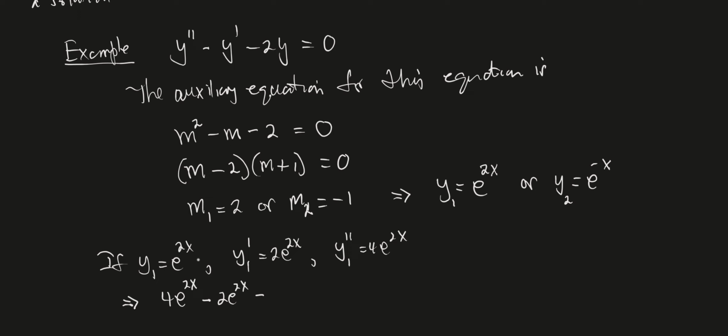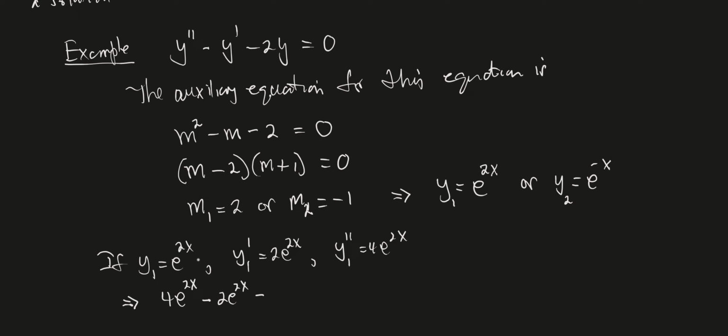So if y2 is equal to e to the negative x, then its first derivative is negative e to the negative x. And then its second derivative is again e to the negative x. So now let's plug these three functions into the left-hand side of my differential equation, and let's see if we get 0.